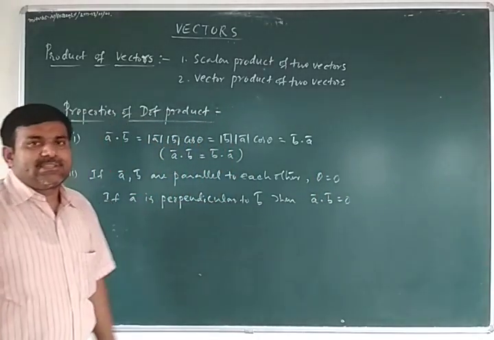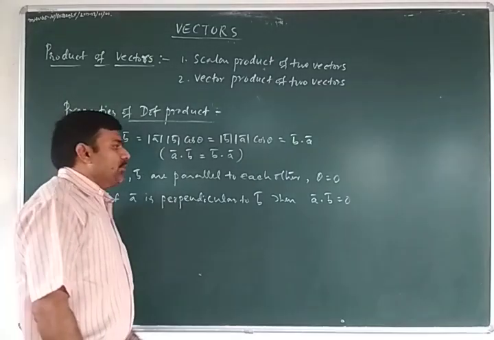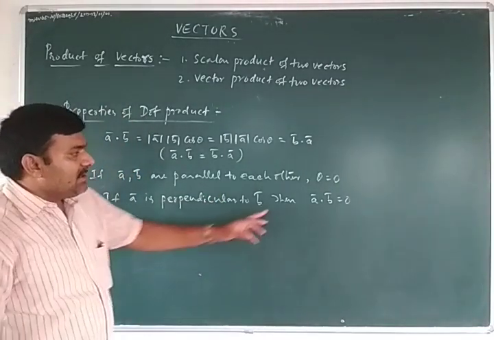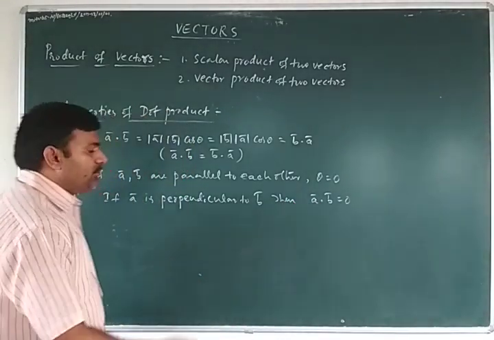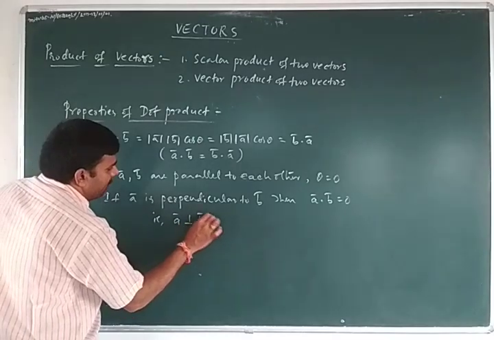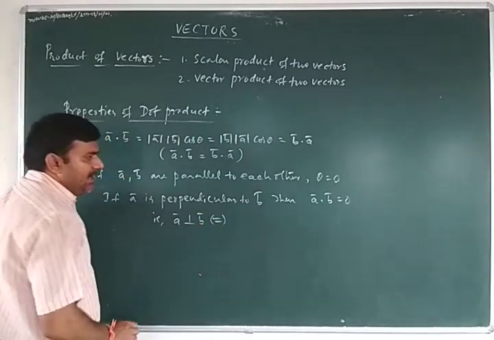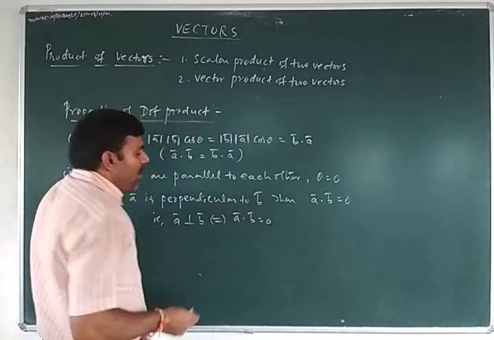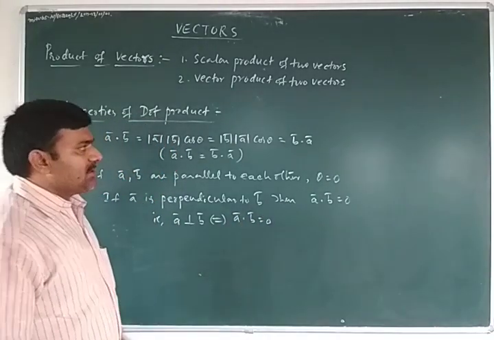So the dot product is equal to 0. When A bar is perpendicular to B bar, its dot product is equal to 0. That is, A bar is perpendicular to B bar if and only if A bar dot B bar is equal to 0. How we get this is also important.